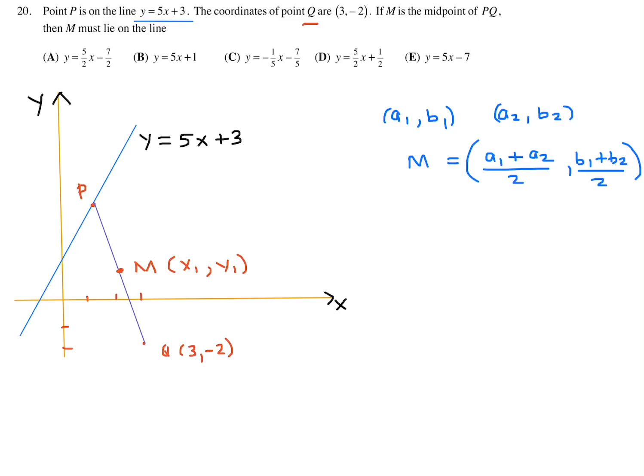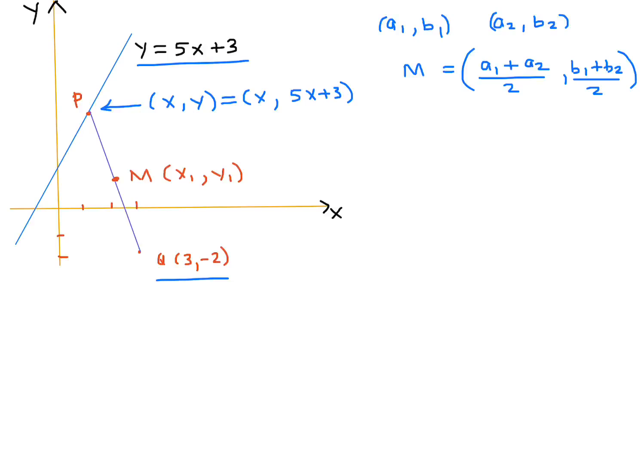All right, so we have 1 point. The other point P, we don't have the actual coordinates, but the good news is that they've given you the fact that it's on a line y equals 5x plus 3. So if it has the coordinates x, y, it can be written as x, 5x plus 3, right?